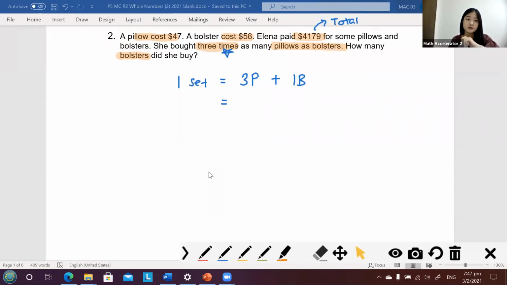You have 3 pillows and 1 bolster. I'll give you about 20 more seconds. If you want to put in your answer, quickly select it.